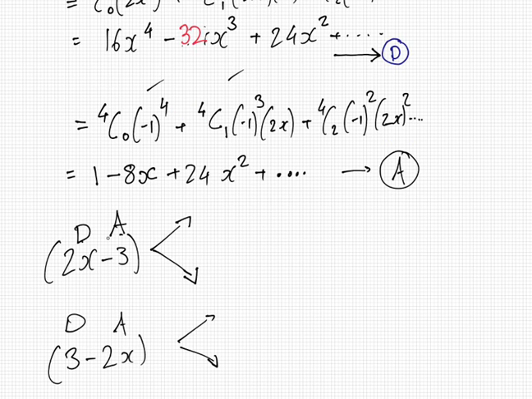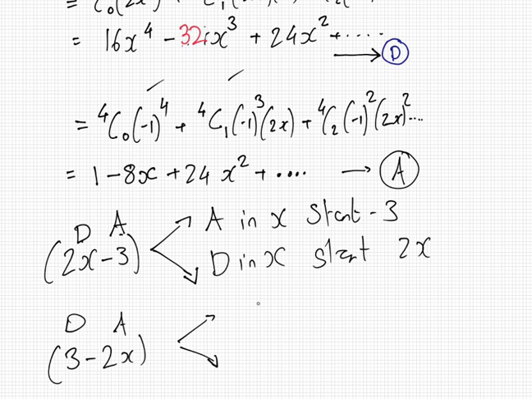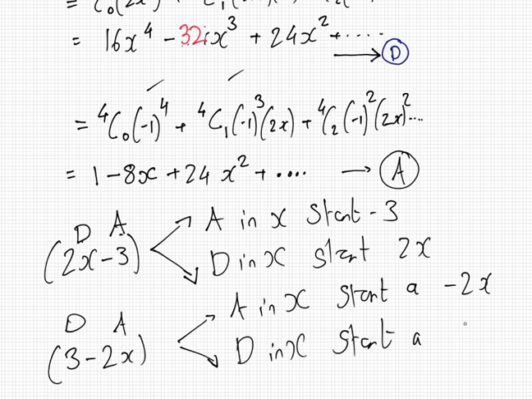So if I want to ascend in x, I start with minus 2x, and if I want to descend in x, I start at 3.